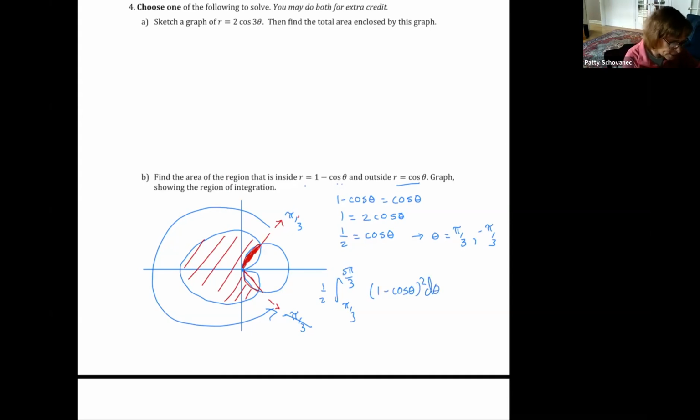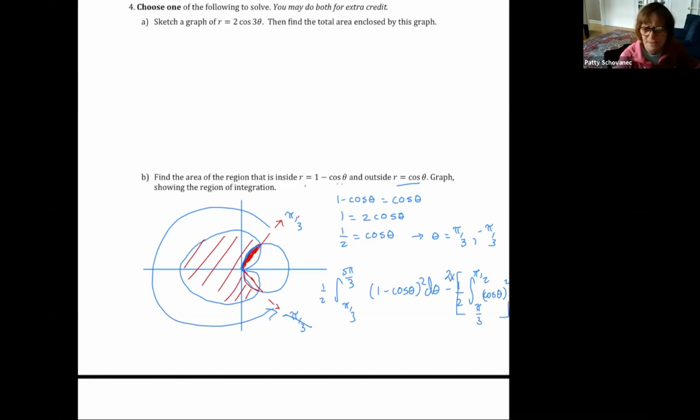But now to take out the solid red colored part, I subtract the area of the circle from pi over 3 to pi over 2 to get this circle to close in over here, of the cosine of theta squared d theta. But then I've got to do that twice. So that times 2.